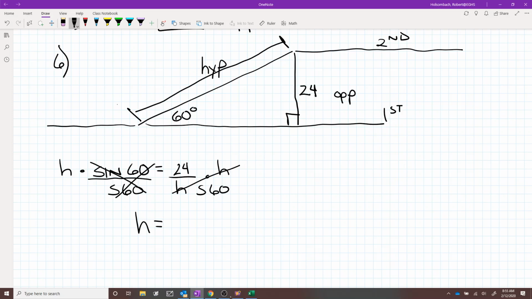We're rounding to the nearest foot. I got 27.7 in my calculator. 27.7 rounded to the nearest foot is 28 feet. So the supplies are going to travel 28 feet.